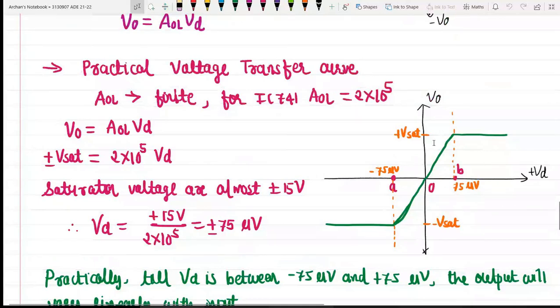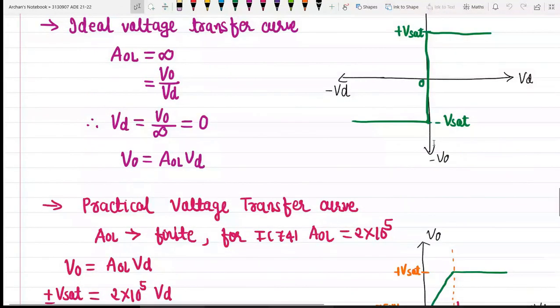So we have talked about the ideality of the operational amplifier, but all these characteristics we have seen have ideal values, and practically this is not going to happen. Whenever we actually use the operational amplifier in our analog electronic circuits, at that time we will be limited with values.